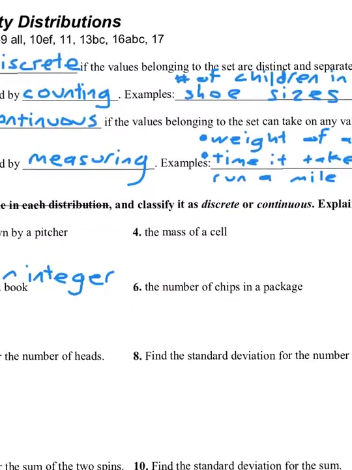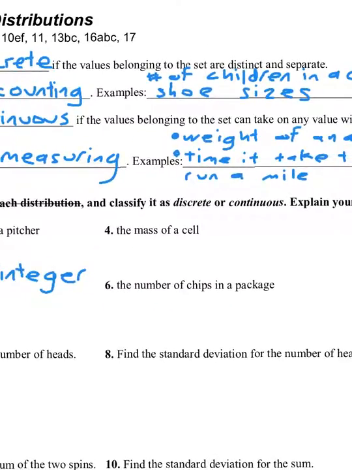Okay, the mass of a cell. That would be continuous. Not sure what the units are for measuring the mass of a cell, but could it be an ugly decimal more than whatever it was before? Yes. It doesn't always have to go up by a nice number every time.